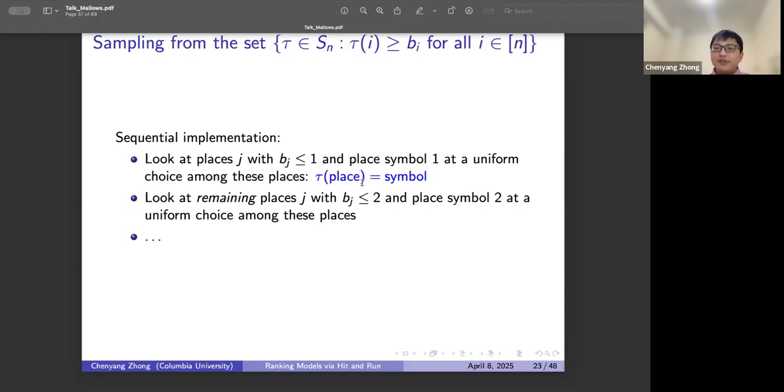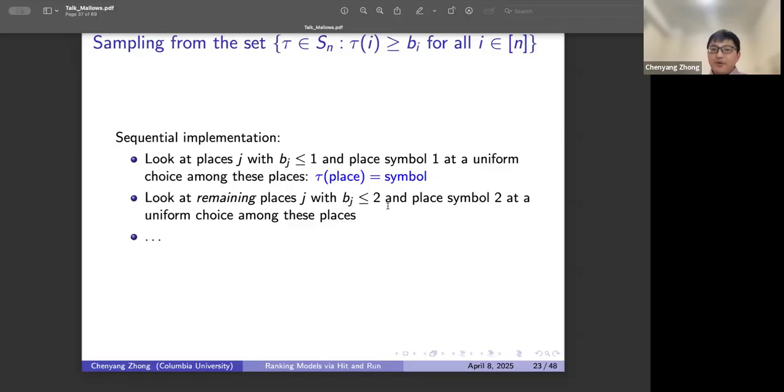So we have deleted this j and look at the remaining coordinates j's such that bj is less than or equal to 2. So this would relax the constraint, and sometimes new j's would be entering the available locations, but we also need to delete the previously selected j from the available locations. And we pick another j uniformly at random from those available locations and specify tau j to be equal to 2.